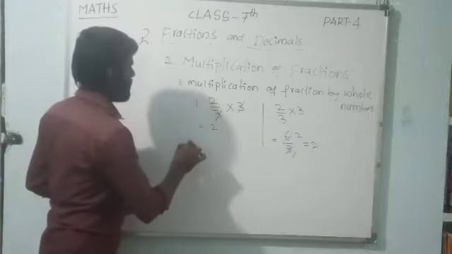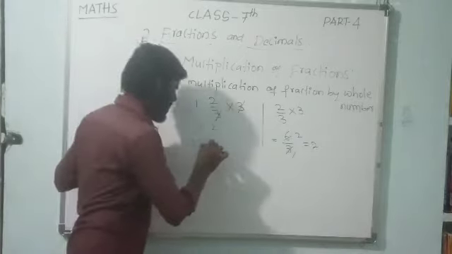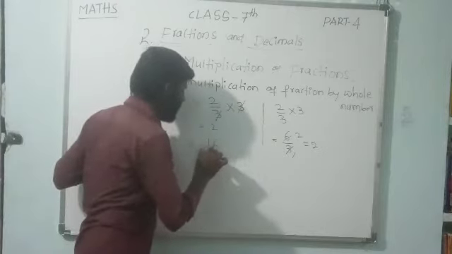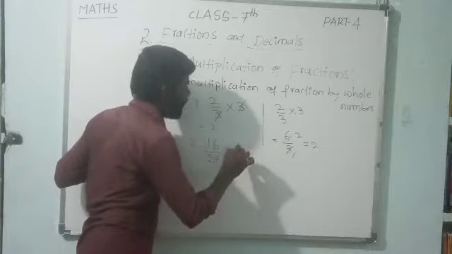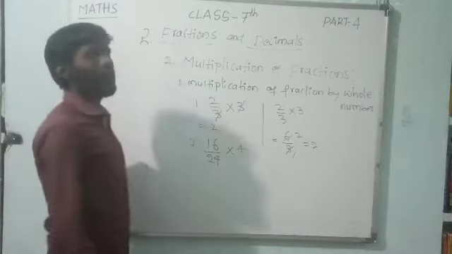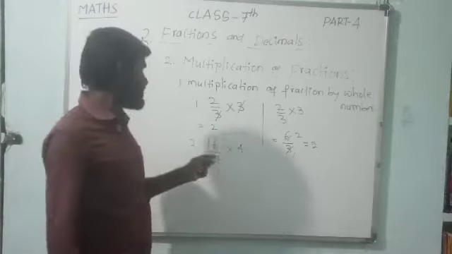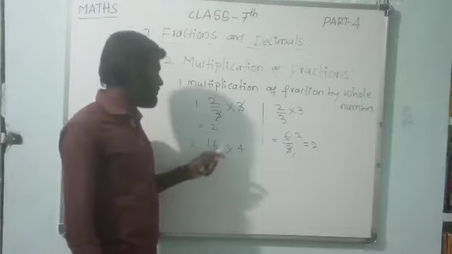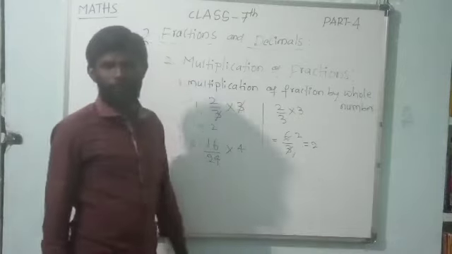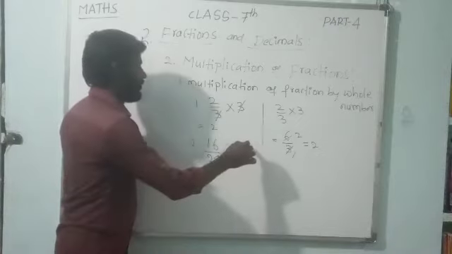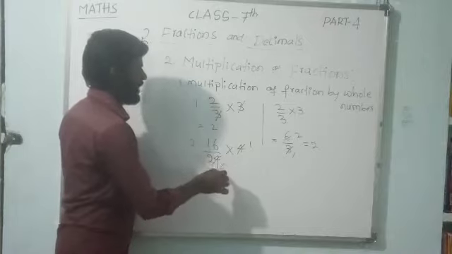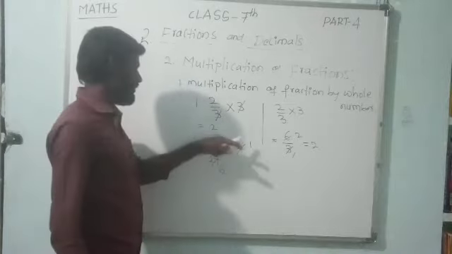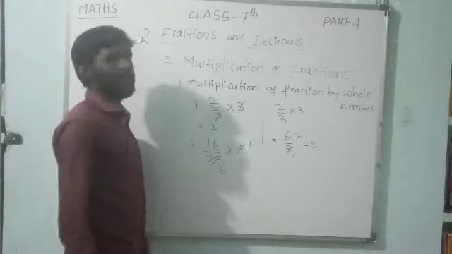Okay, example 2, dears. Suppose 16 by 24 into 4. Make it cancel. 4 1s are 4, 4 6s are 24.